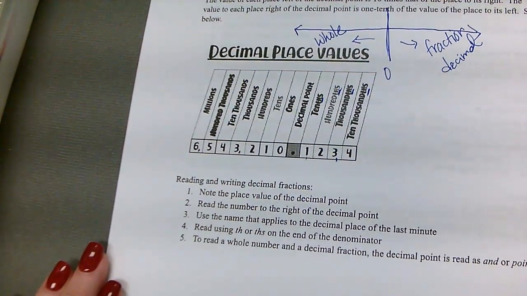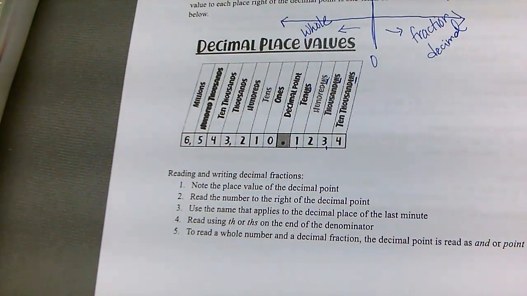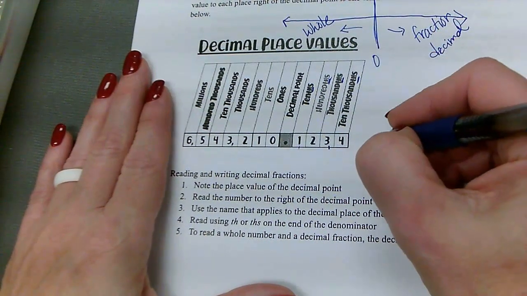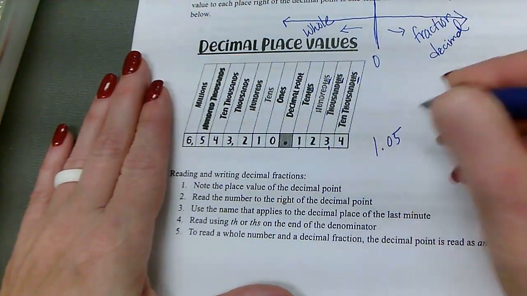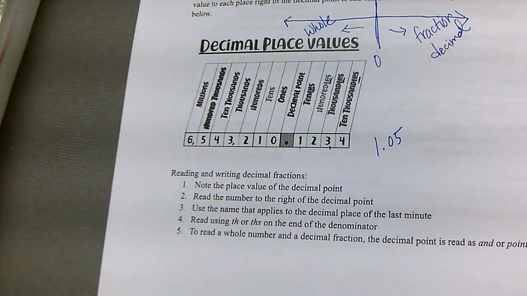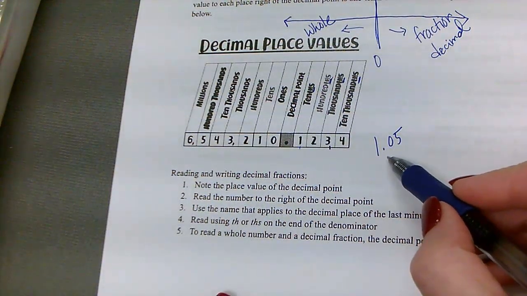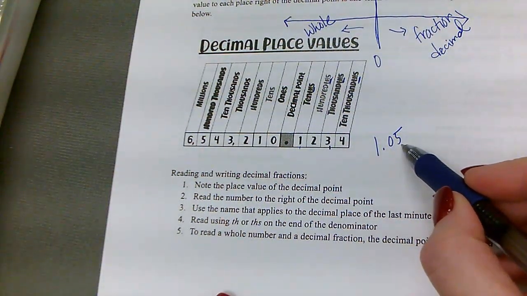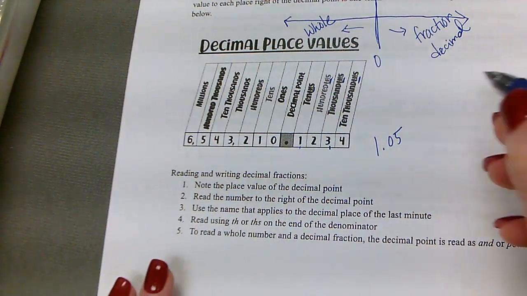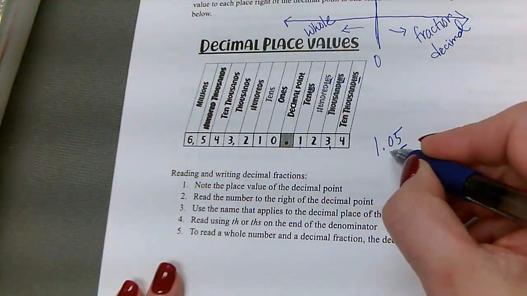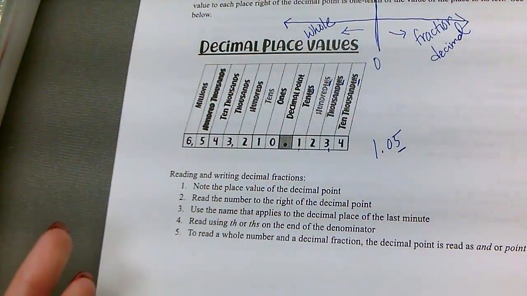You can read and write the decimal fraction. These are some rules when you're reading a decimal. Like let's say it's 1.05. How would I say that? It's 1 and 5/100ths because it's in the hundredths place. There's a 0 in the tenths place. I don't mention that.